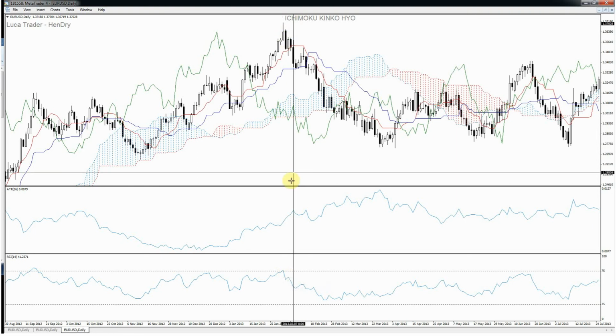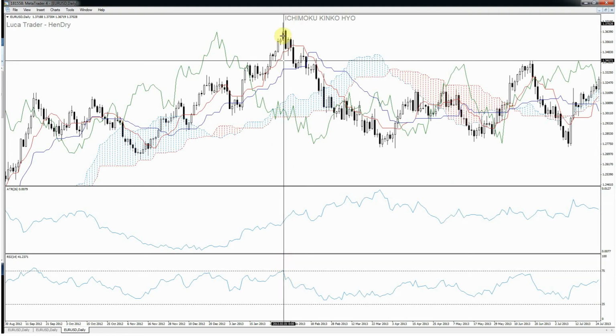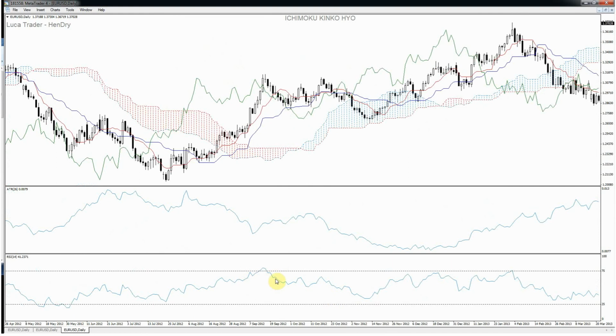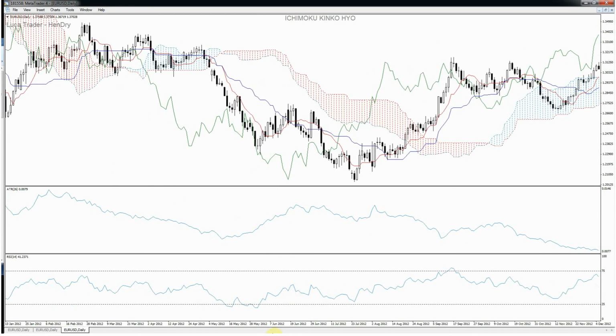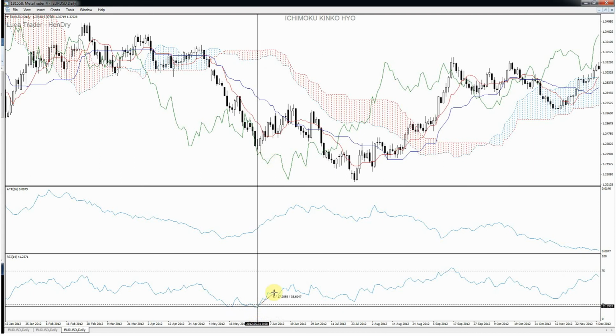You can see the price starting to drop from this point because it's already overbought. Another example of overbought is this, the price drops about 100 pips. For oversold, when price crosses below, the price starts to go up.